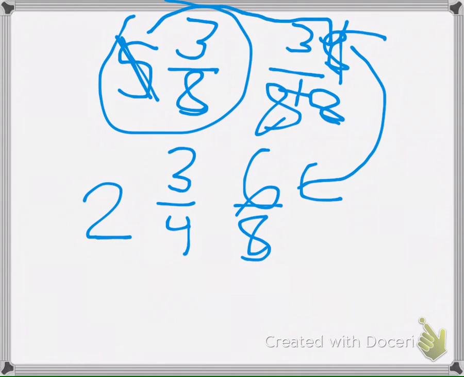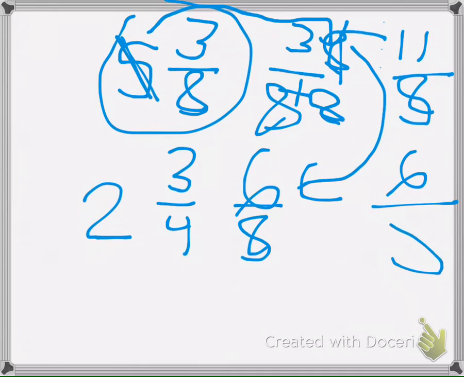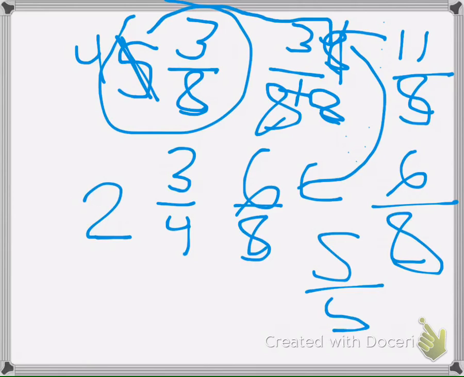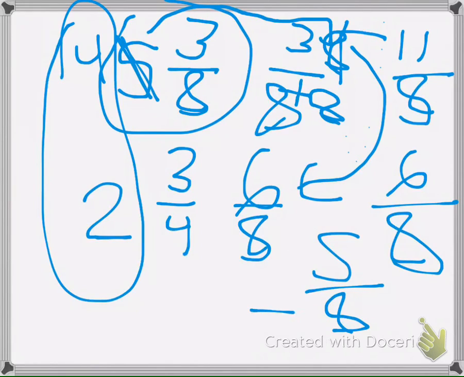Then we add 3/8 plus 8/8, which is 11/8. 11/8 minus 6/8, which you can do, gives you 5/8. But are we done? Nope. We need to remember our whole numbers. So the correct answer is 2 5/8.